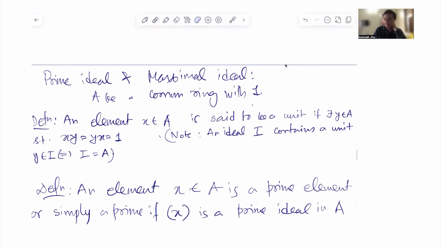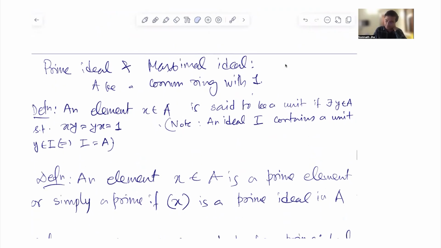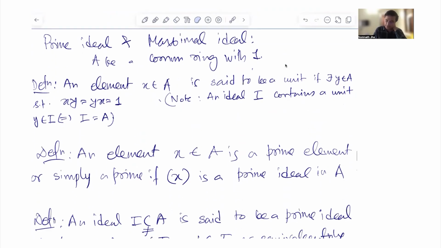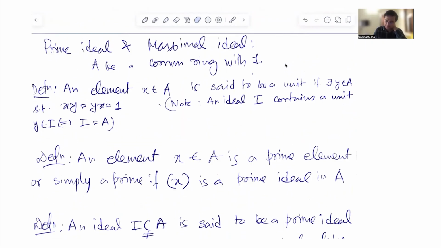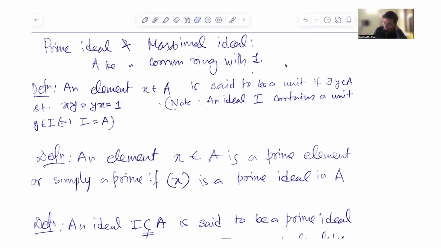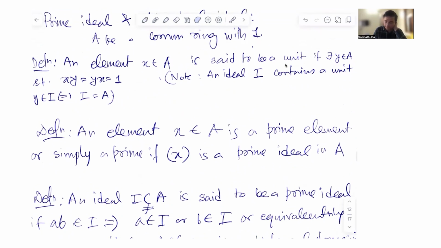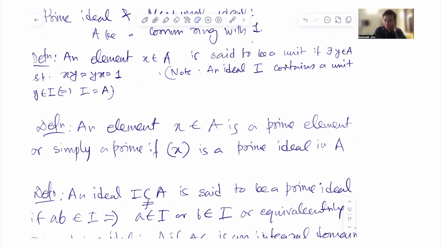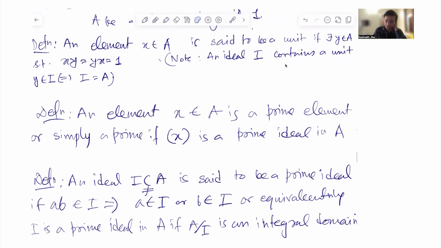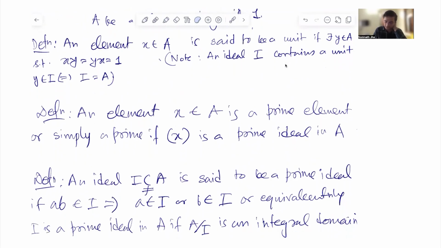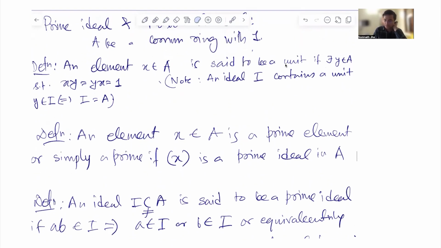So an element x in A is said to be a prime element, or simply a prime, if the ideal generated by x is a prime ideal in A. So an element is said to be a prime if something is a prime ideal.